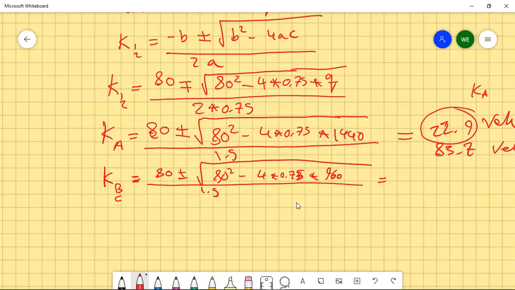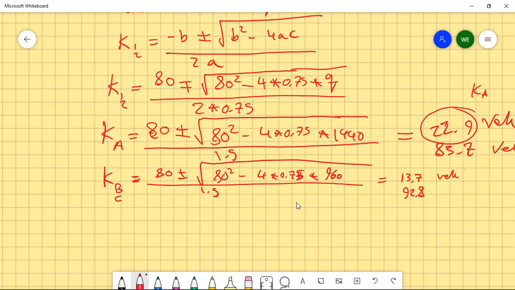So how much is the value? 92.8. 92.8. And what's the smaller value? 13.7. 13.7.